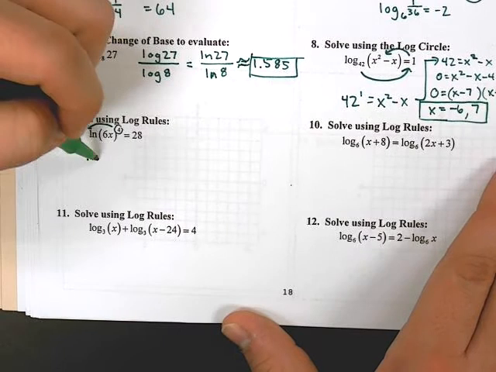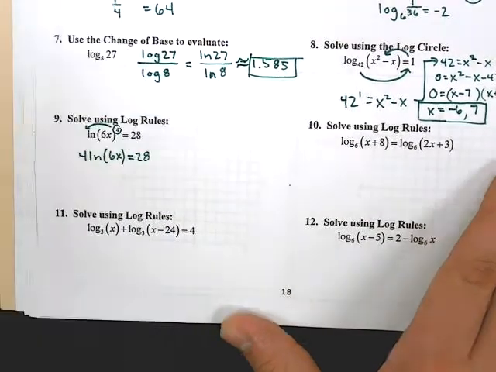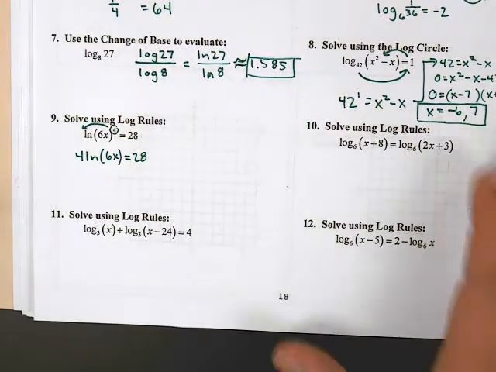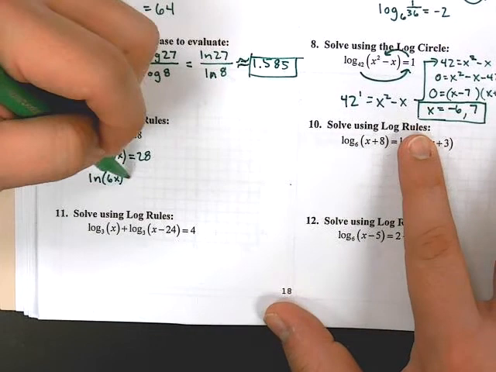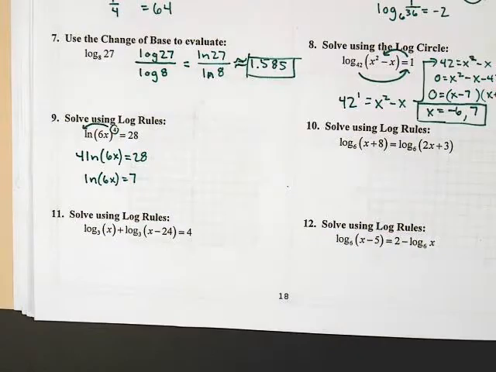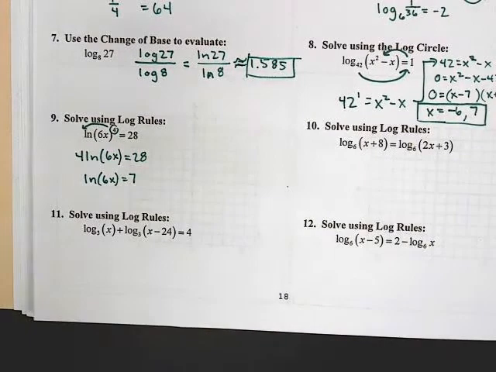So I'm going to change this to 4 ln of 6x equals 28, because then hopefully you guys agree with me that I can rewrite as that. And now that we have this nice logarithm, there's no extra exponents or anything, now it's the same thing as number 8, guys.